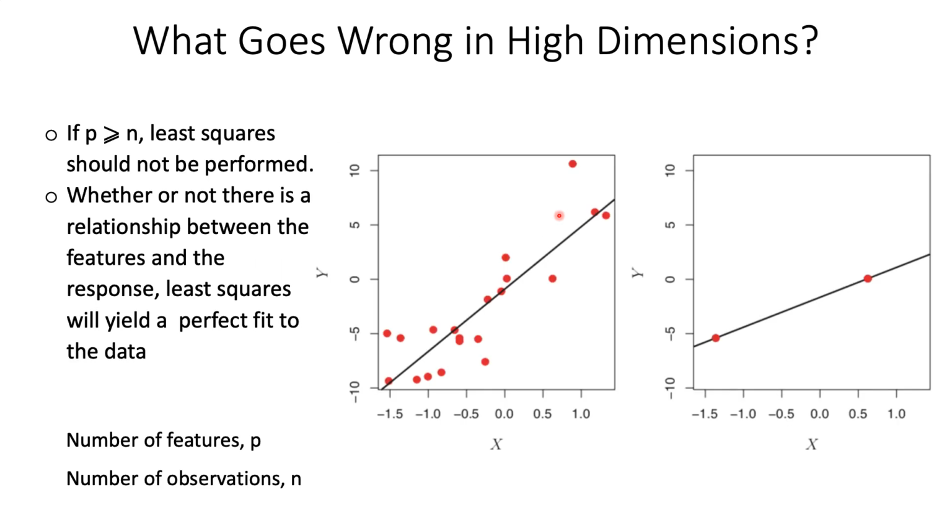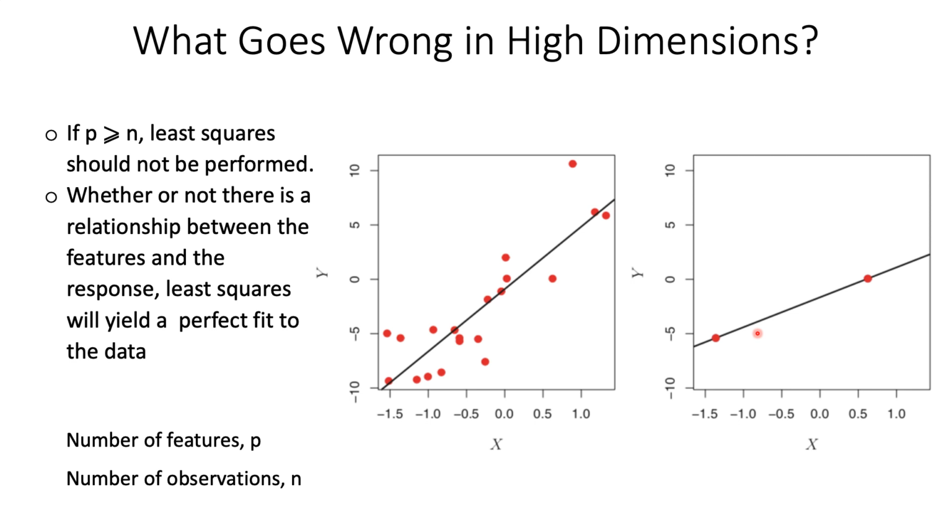A graphical representation of the issue with a high-dimensional space and why it's an issue is shown here on the left. We have a typical n is greater than p case, where in this case there's just one descriptor and there are very many observations. On the right, there's just one feature, and we just have 2 observations, and so our number of observations approaches the number of features, and we have this perfect fit.